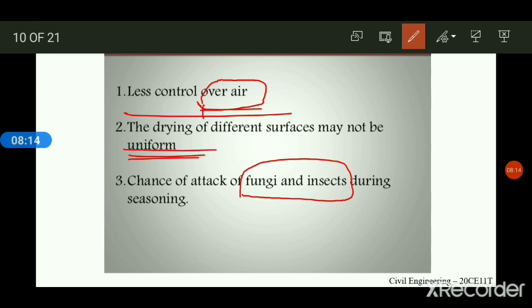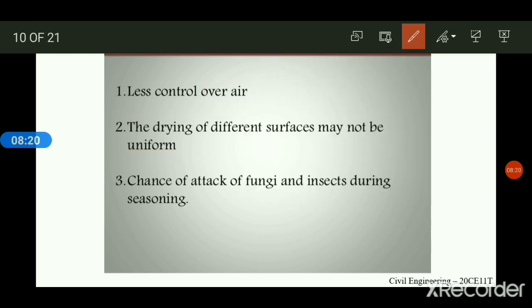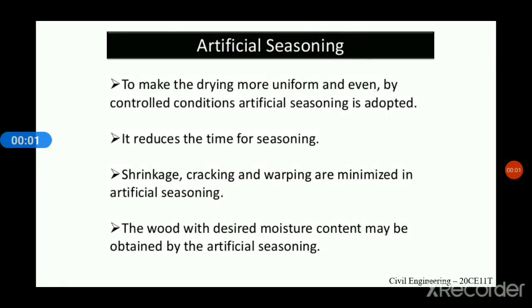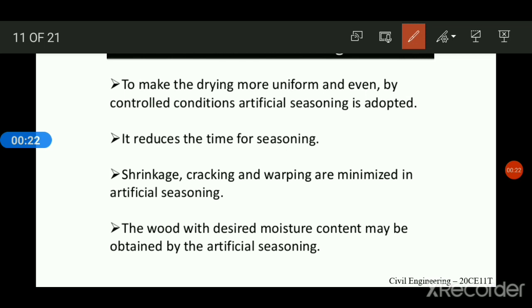In artificial seasoning, these will not be the disadvantages. Okay, we'll move on to artificial seasoning. That is the second method of seasoning after natural seasoning. The first point, to make the drying more uniform and even by control, artificial seasoning is adopted.